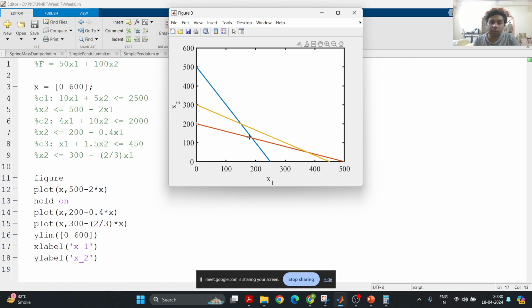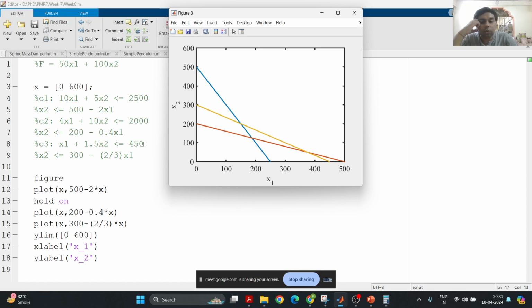Does this happen every time, that one constraint will become redundant? Not necessarily. Suppose this constraint line was somewhere below, like less than or equal to 250 instead of less than or equal to 450, then the constraint line would be slightly different.